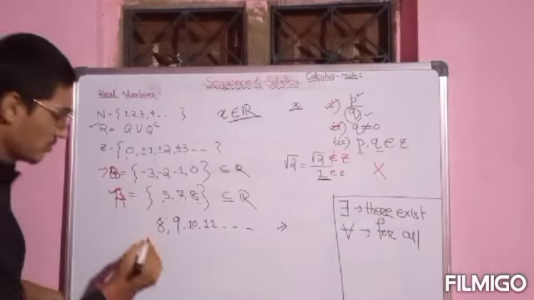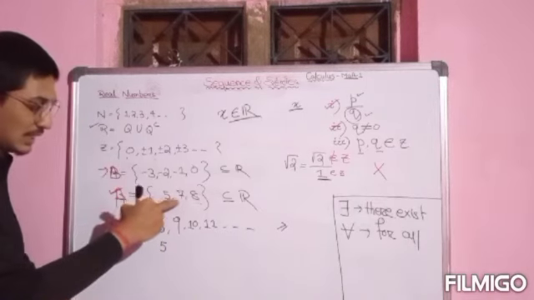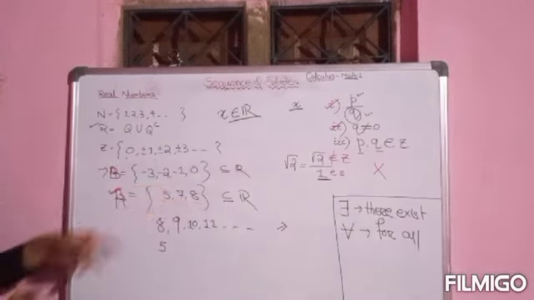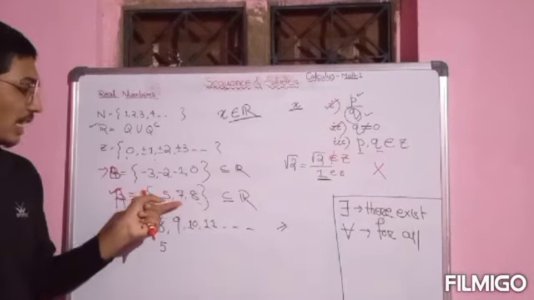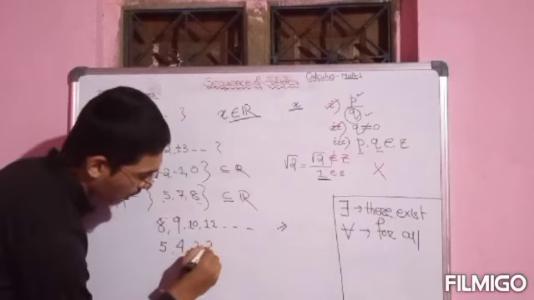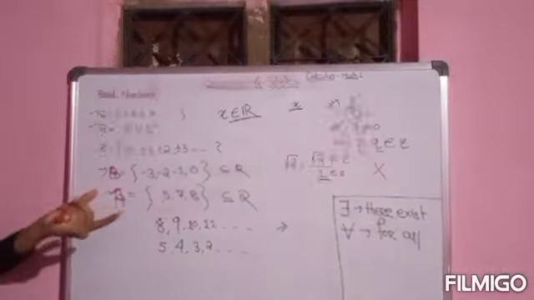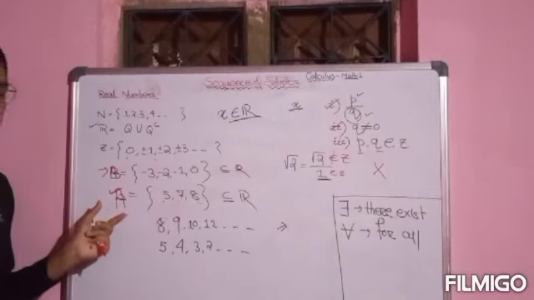Can you find 5? 5 is less than or equal to this, less than both. So 5 is a number which is less than or equal to every element of this set. We can also say 4, 3, 2, like this. Is it clear?